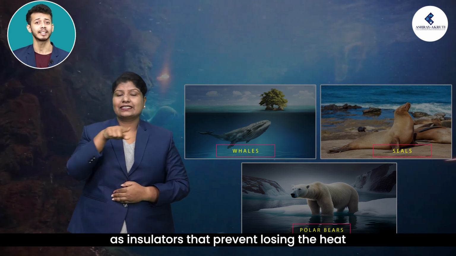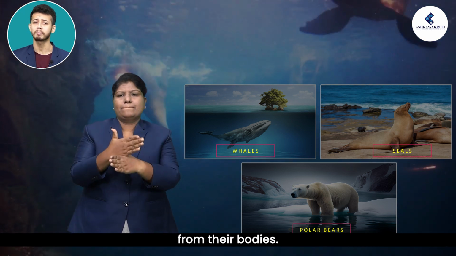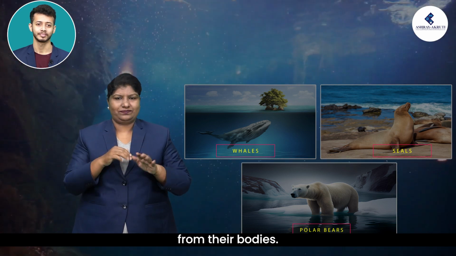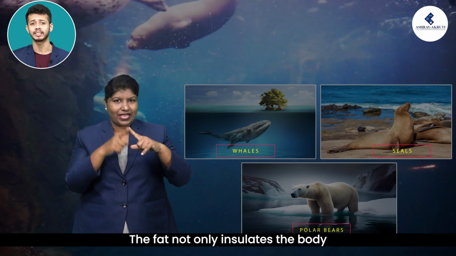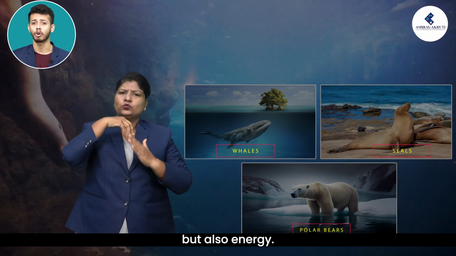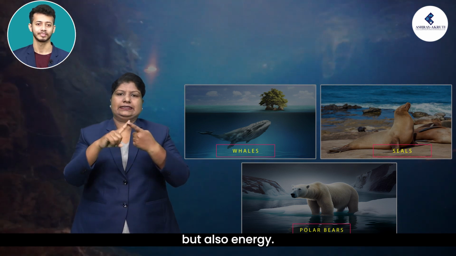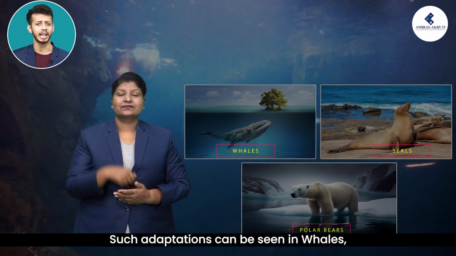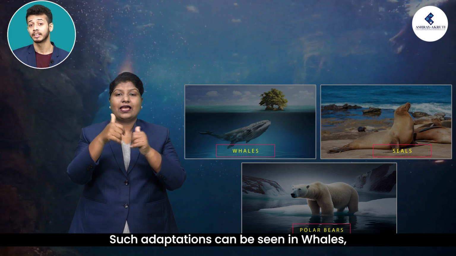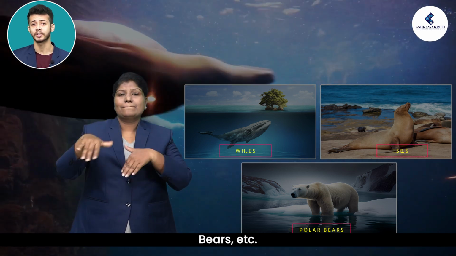These act as insulators that prevent losing heat from their bodies. The fat not only insulates the body but also helps in producing heat and energy. Such adaptations can be seen in whales, seals, bears, etc.